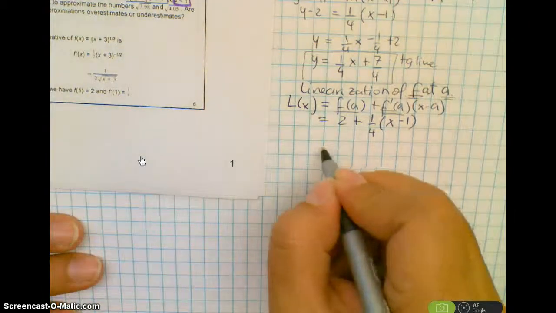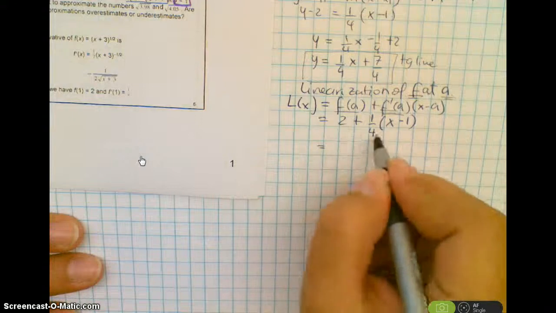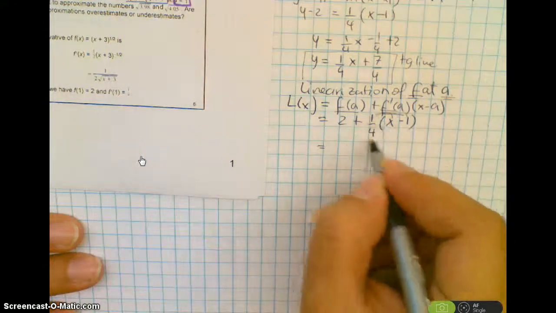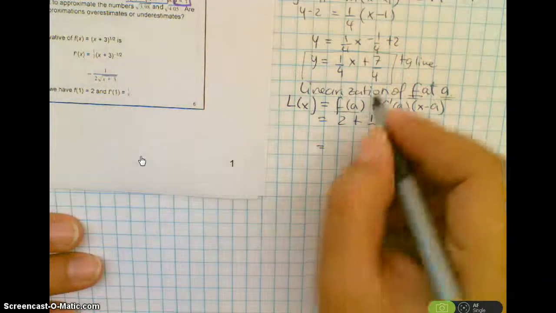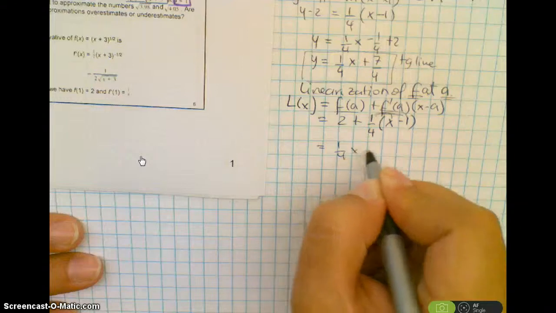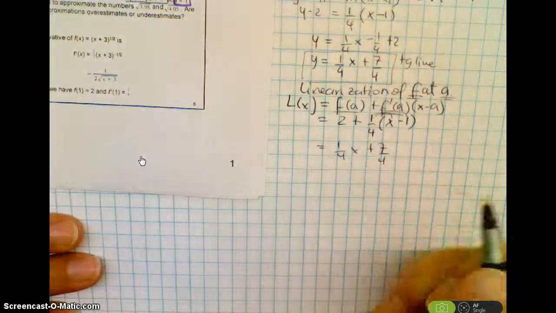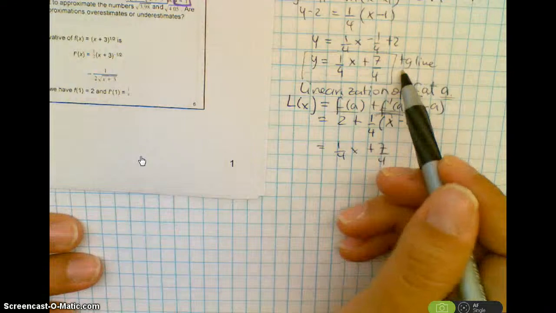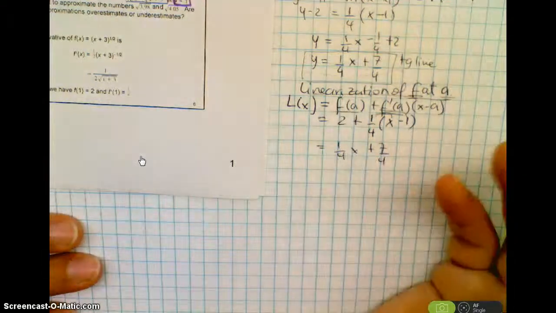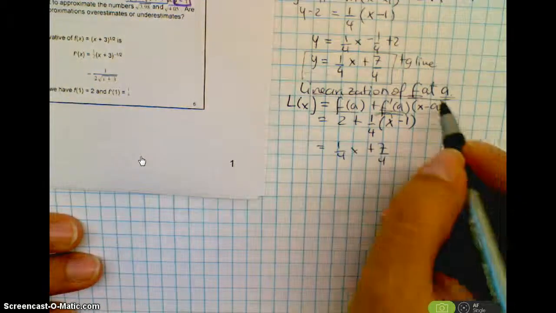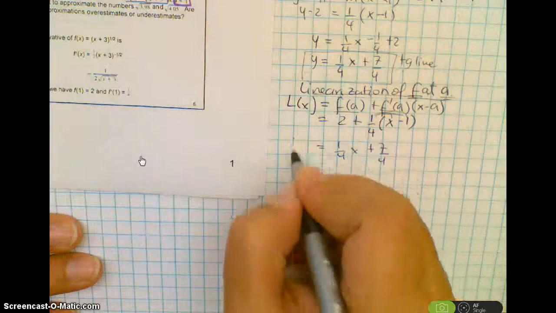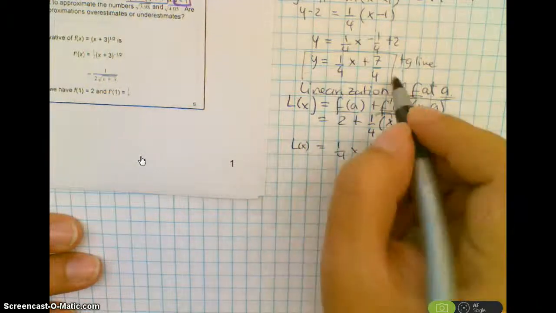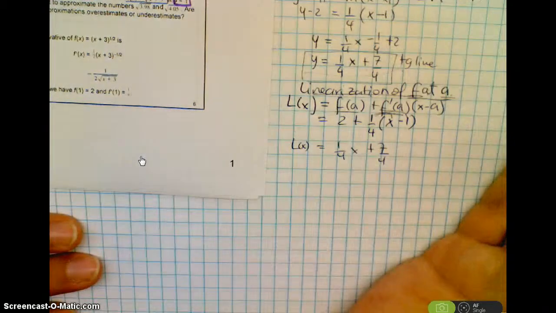So as you can see, when I distribute, it will turn out to be my tangent line equation, which is just to show you that if you were able to find the tangent line equation, you're able to find the linearization of f at a, and that is not a problem. It's just something that has a different name.